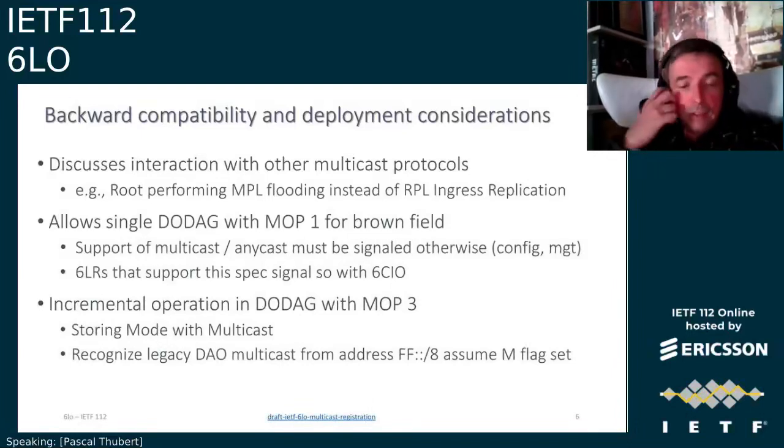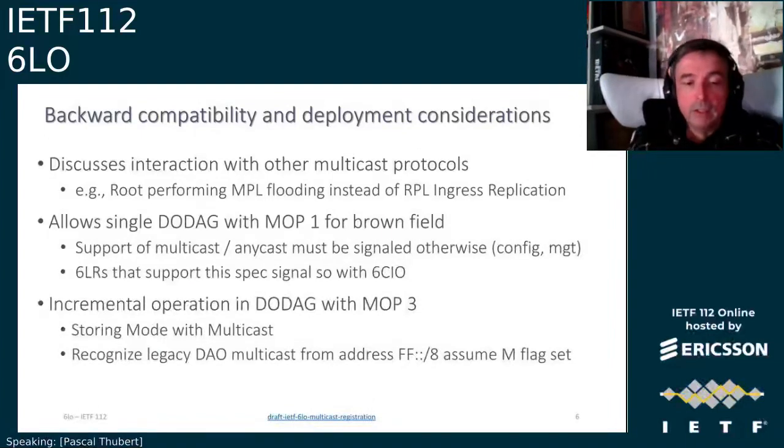In that case, it really means that the 6LBR does not understand the signaling of anycast and multicast. That's how the 6LR can know there's no point in doing the EDAR with the 6LBR because it will not understand it, so at that point it can stop doing it. And we also described the incremental operation with MOP3. Next slide, please.